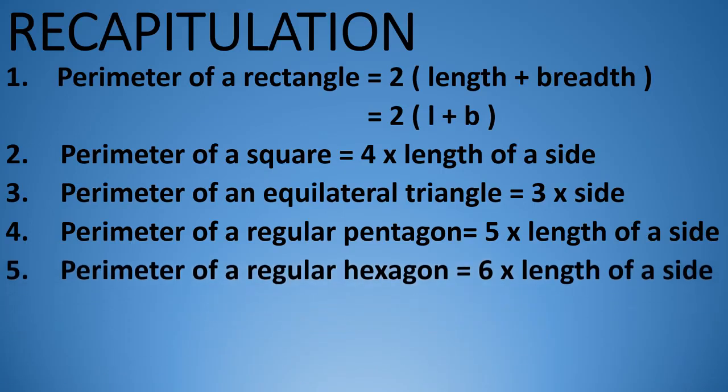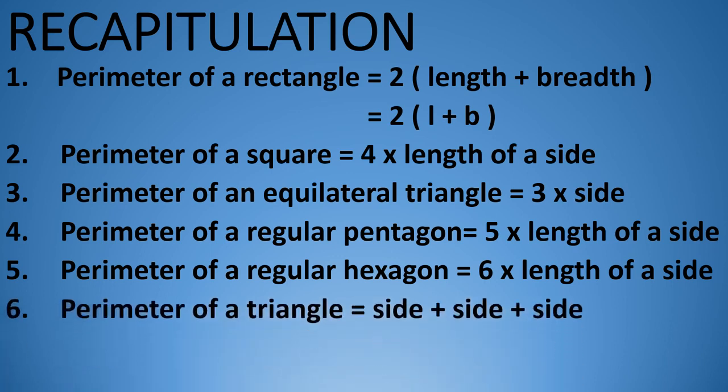Perimeter of a regular hexagon equal to 6 multiply by length of a side. A regular hexagon has 6 equal sides. So we will multiply 6 by length of one side.